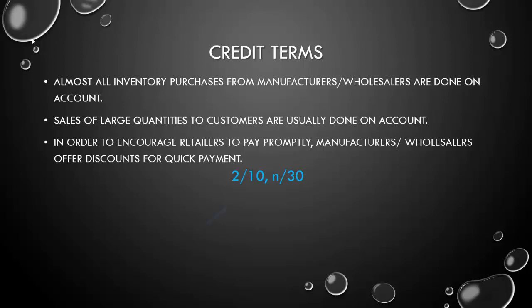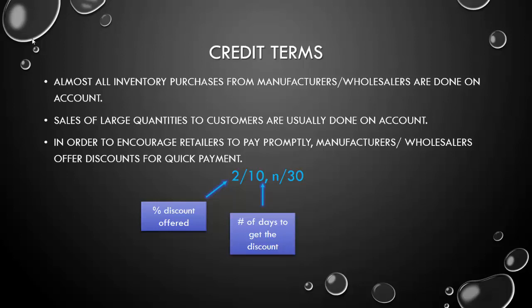What does that mean? Well, the first number is the percent of discount offered. So if you're buying inventory and it says 2/10, n/30, that means the 2 means you have a chance to get 2% off. How do you get 2% off? By paying within the discount period. The second number is the number of days you have to pay in order to get that discount.